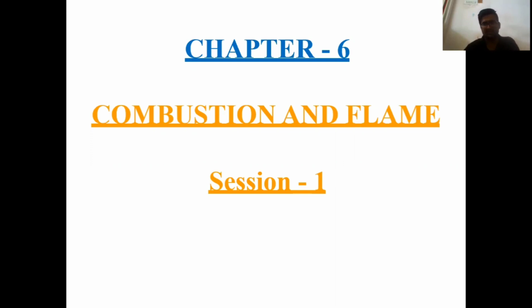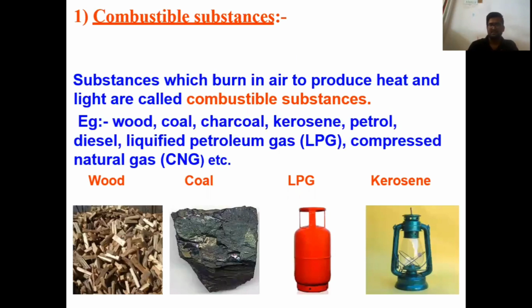So, I'm starting with the first term, combustible substances. Substances which burn in air. Air means oxygen. Substances which burn in air to produce heat and light are called combustible substances. So, the substances which catch fire and burn in air to produce heat are called combustible substances.